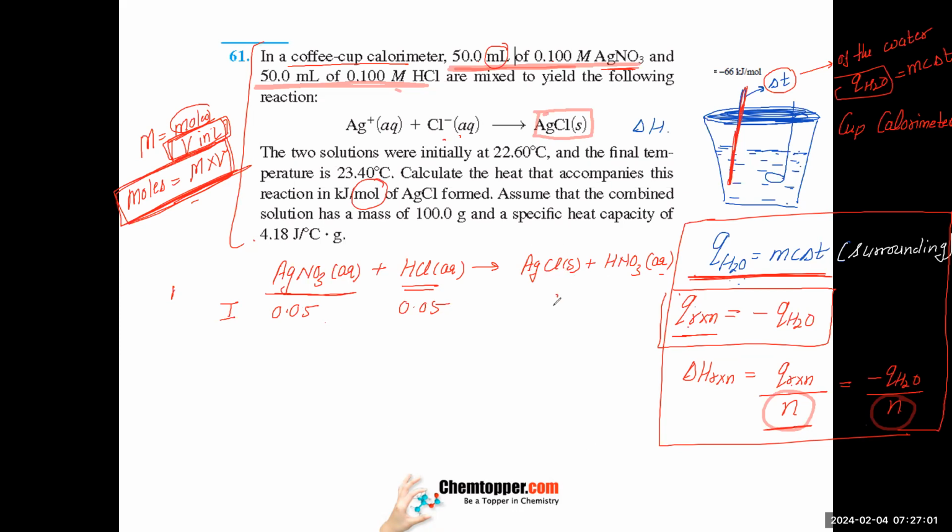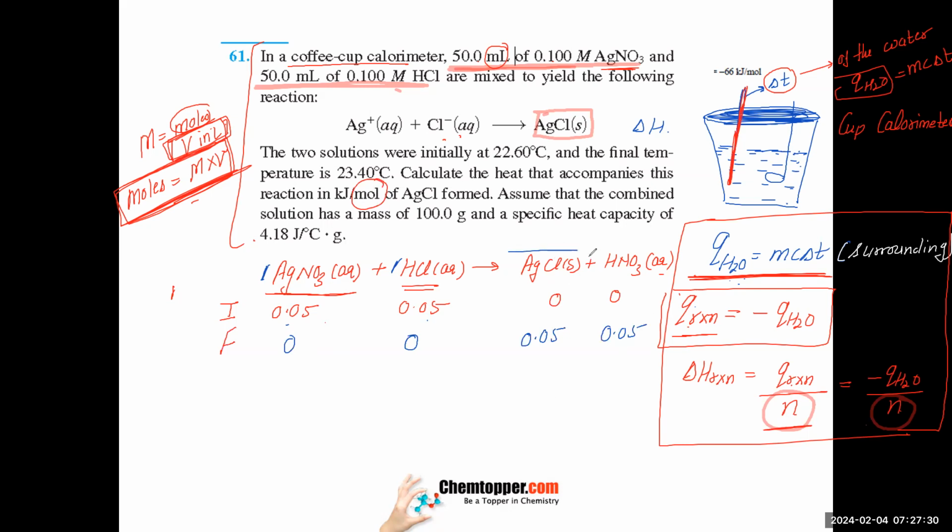Initially, any AgCl? No. Finally, what will happen? Who is the limiting reactant? How are they going to react? They are reacting 1:1, so 0.05 will react with 0.05, and the reactants finally go to 0. How much AgCl is formed? 0.05. How much HNO3? 0.05.